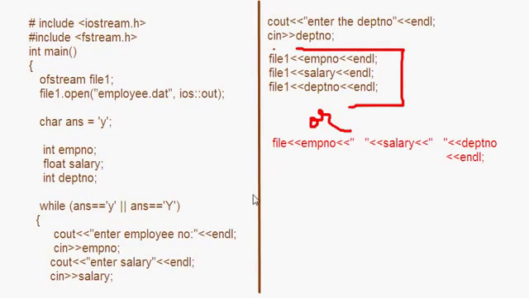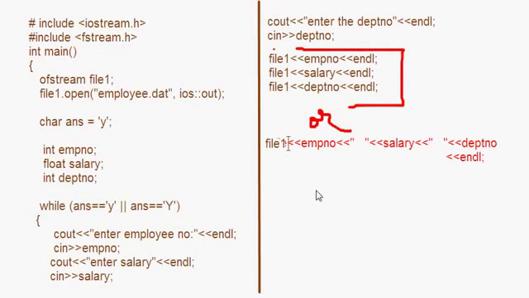Now let's come back to this. You have accepted the details of the employee and you have put it into the, actually here it should be file1. I have written file here, it is file1. Here this is file1 like this.